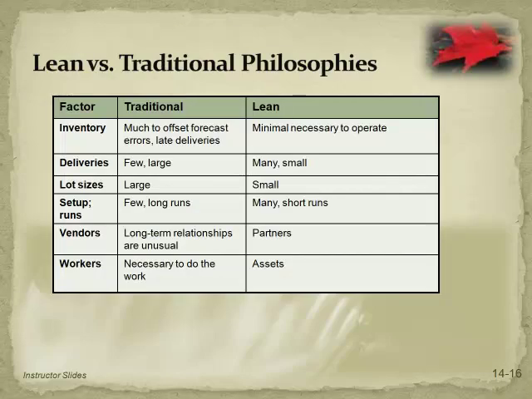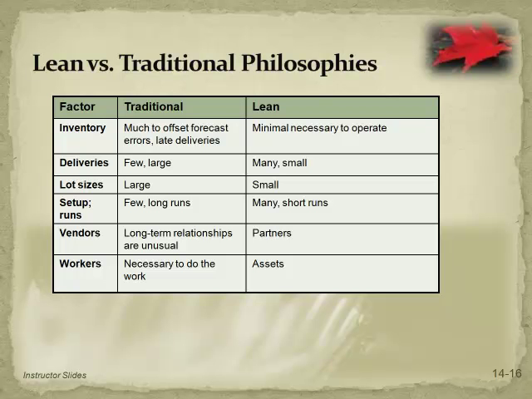Now, I put into the lecture kind of a comparison between traditional and lean. We'll talk about this. From an inventory perspective, a traditional system may want to have late deliveries, where lean is trying to go absolutely minimum.